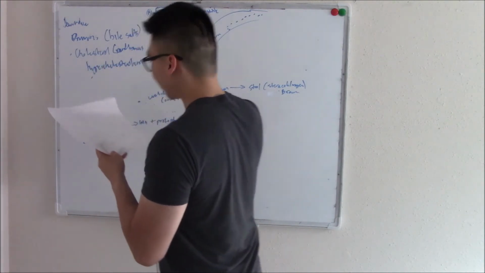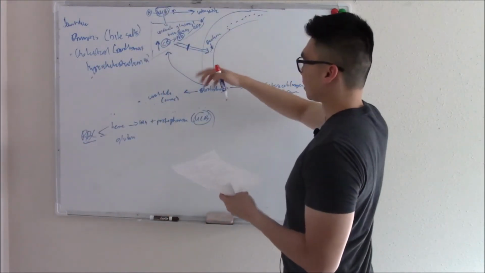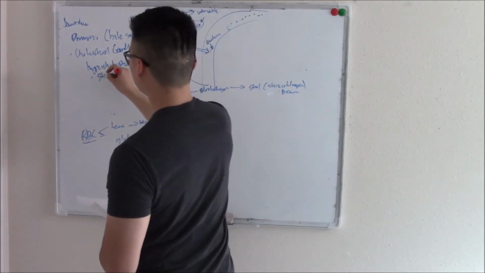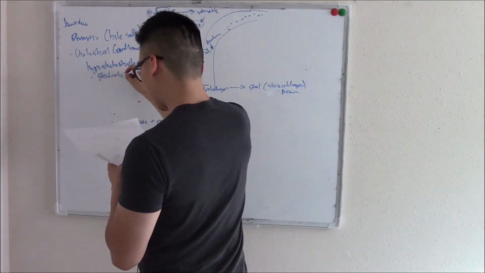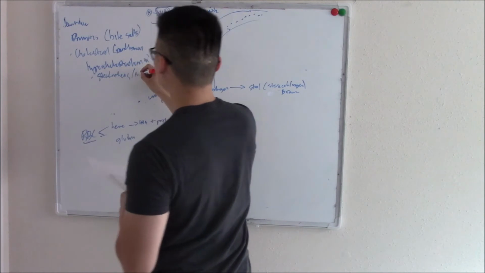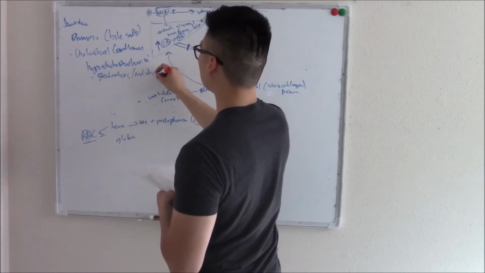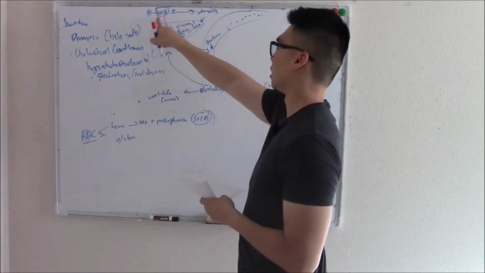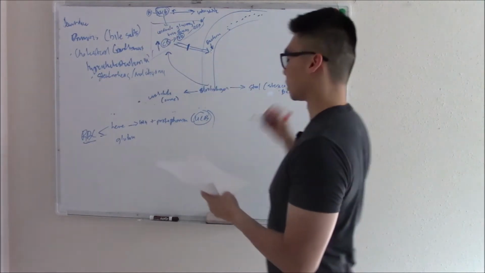And if the bile can't get out into the gut and digest fat, then you'll have steatorrhea, you'll have malabsorption. So way more symptoms than our previous talk on increased unconjugated bilirubin. All right, so way more symptoms.